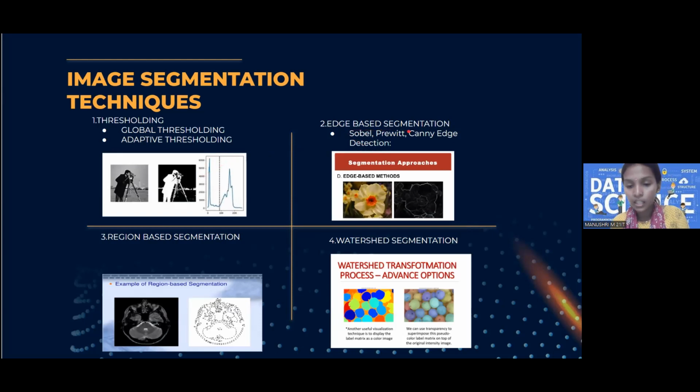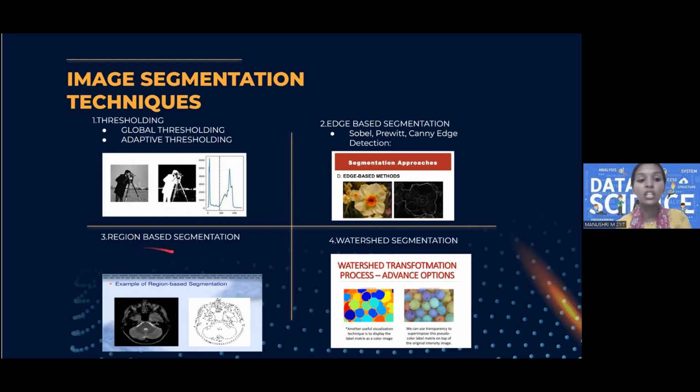Under edge-based segmentation, as the name says, the picture is converted based on its edges. Here, this is the real picture, and after edge-based segmentation it appears like this, distinguished by the edges of the picture.